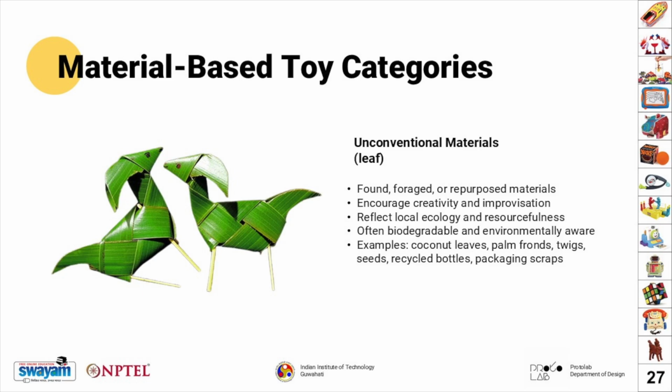Across India and the world, children have crafted toys from coconut leaves, corn husk, twigs, seeds, cotton scraps, or old tins. In South India, artisans weave coconut leaf birds and animals, teaching children gentle handling and natural forms.